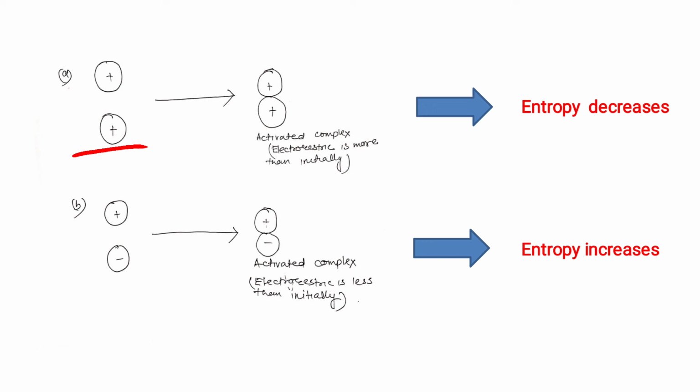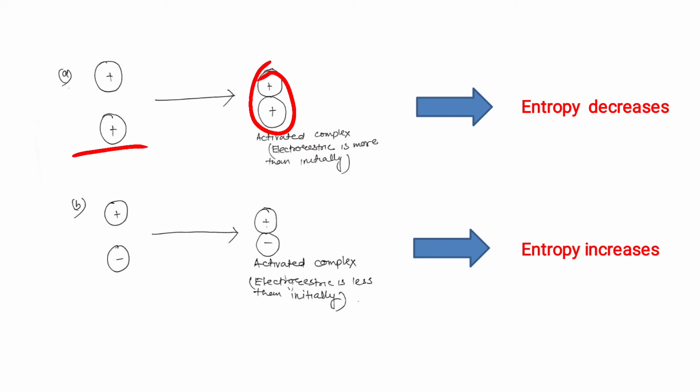So they will bind to the surrounding solvent molecules, or there will be more electrostatic interaction between these positive or negative charges, whatever they may be, and the surrounding solvent molecules. So the surrounding solvent molecules are bound, and their randomness or movement will be restricted.